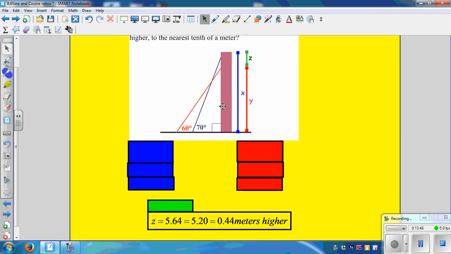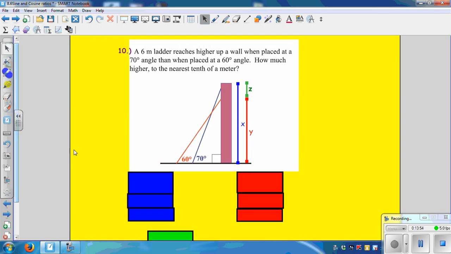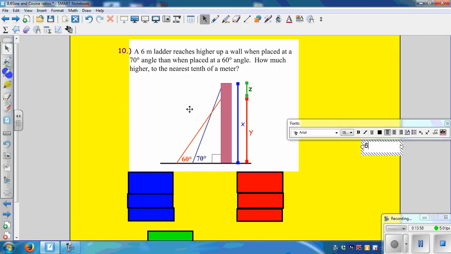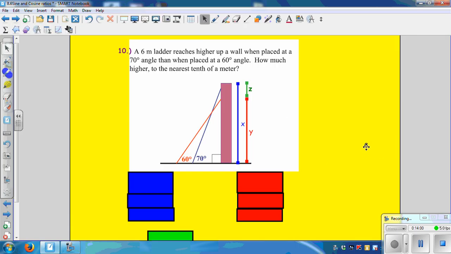So you're going to calculate x using a 70-degree angle, y using a 60-degree angle, and then figure out the difference. But they do tell you that the ladder is 6 meters tall. No matter where you angle that ladder, it's going to remain a hypotenuse or a height of 6, whether it's the red line or the blue.